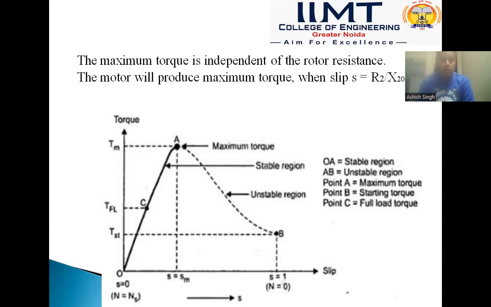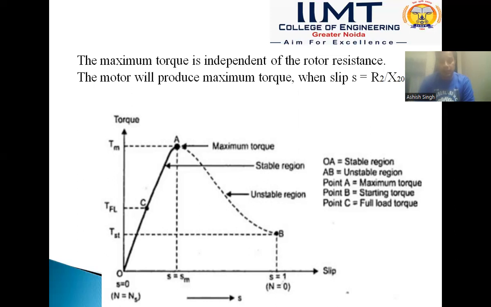So this is the torque slip characteristics of a three-phase induction motor. Here we saw that in the low slip region, when S equals 0 and slip increases, torque increases, and after achieving its maximum value, we get the maximum torque when S equals Sm, where Sm is the slip corresponding to maximum torque, given by the formula S equals R2 upon X2.